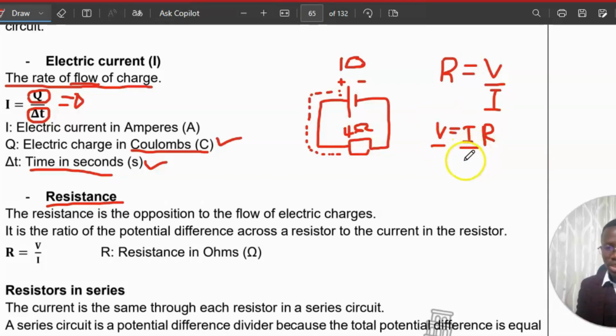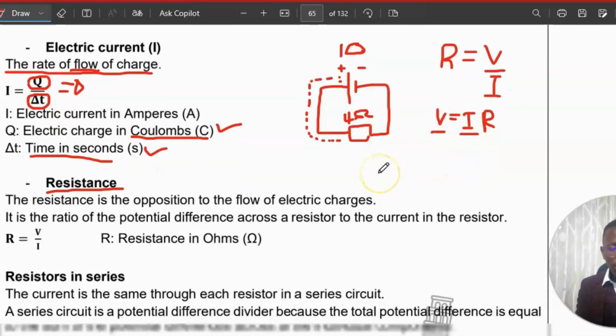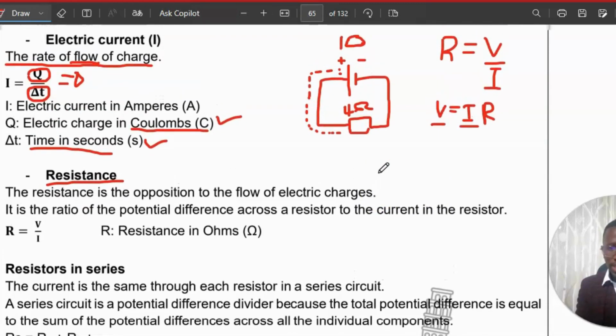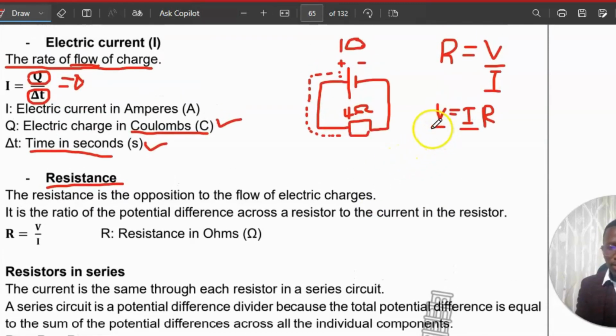It states that voltage or potential difference in a wire at constant temperature is directly proportional to the current of that wire.